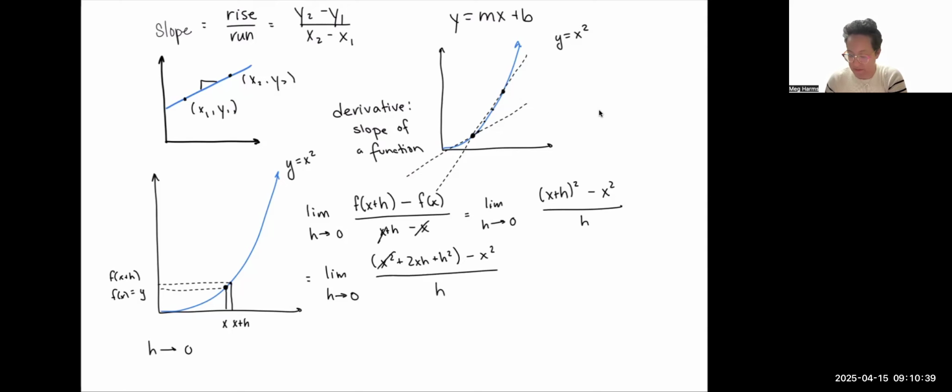We get a positive x squared and negative x squared, so those are going to subtract away. So this gives us the limit as h approaches 0 of 2xh plus h squared over h. And what we see there is that every term has h in it. So we can factor out an h on top.